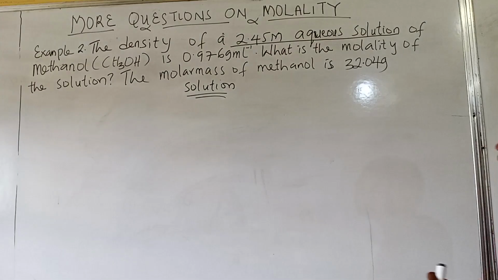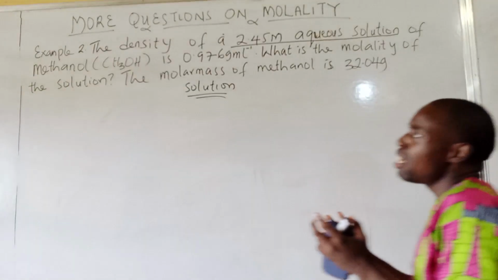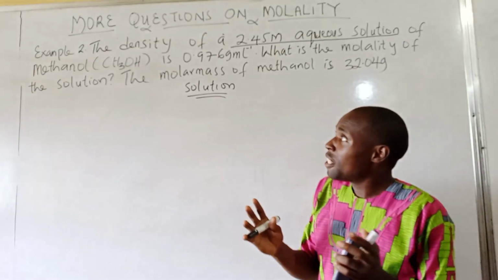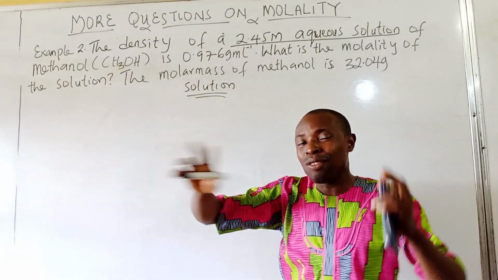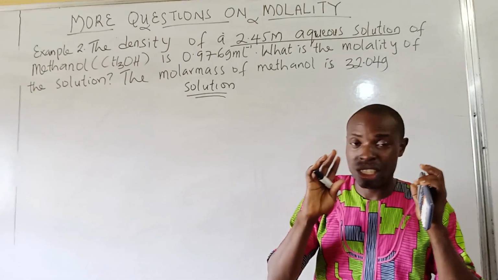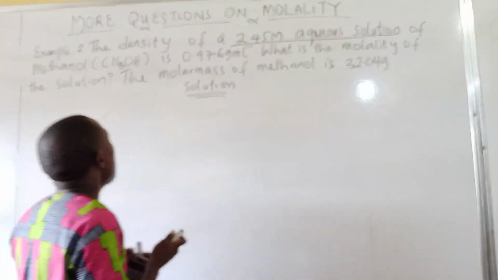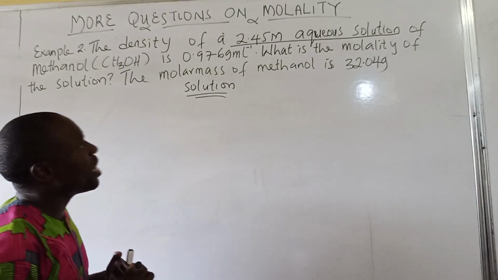So what is the molality of the solution? We should know that the comparison here is always between the solute and water. It is a very simple question. Just sit and listen.